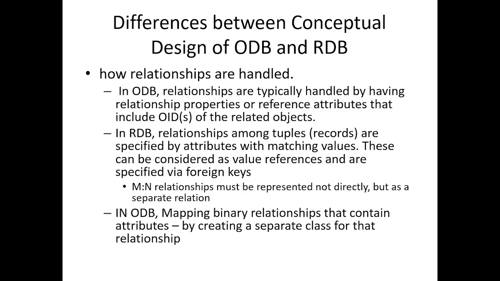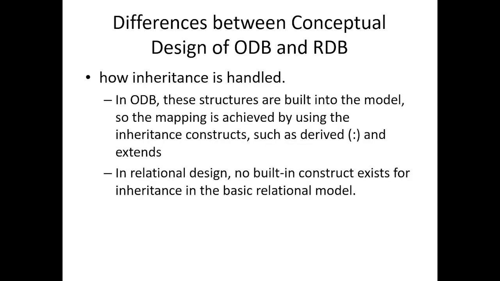Hence, it is sometimes preferable to use the relational approach of creating a separate table, by creating a separate class to represent the relationship. This approach can also be used for n-ary relationships with degree n greater than 2.